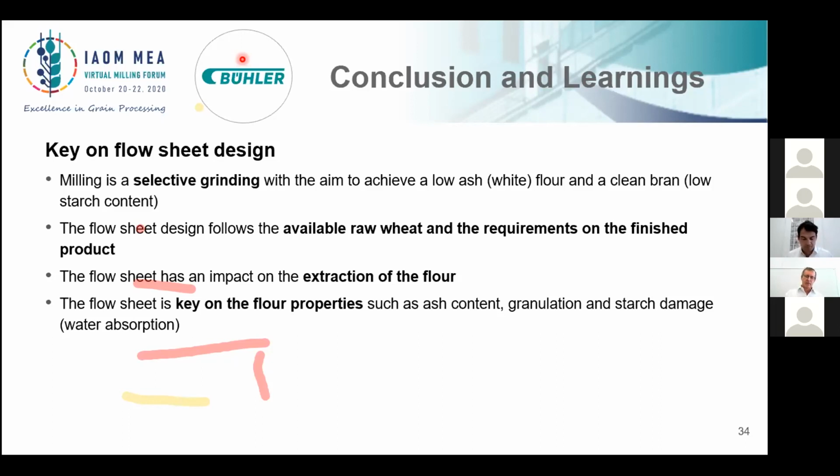Also, in the older days, starch damage and water absorption were not as key as today. If we have fluted rolls on the first and head reductions, we will not get the same starch damage, and consequently the water absorption will be lower.